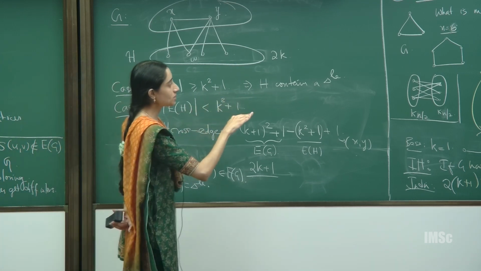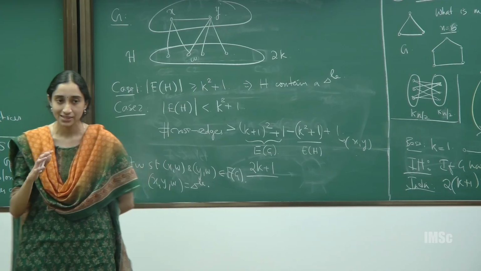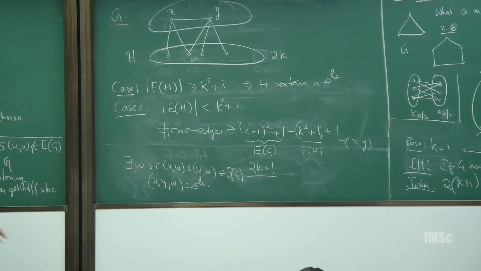In fact, you can even ask, what is the maximum number of edges in any graph that forbids a graph isomorphic to a fixed graph? You can fix your favorite graph, maybe K4, C5, whatever, and say that I don't want this graph to appear in my graph. I want to construct a graph that forbids any structure isomorphic to this structure. What is the maximum number of edges it can have?